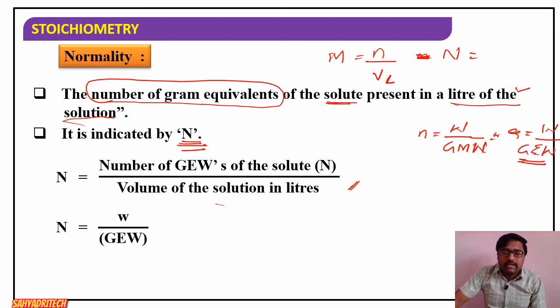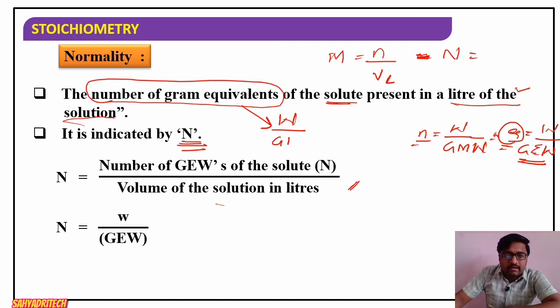Just like the number of moles, the number of gram equivalents is given by weight divided by gram equivalent weight. So remember this. Into 1000 divided by V mL, where V mL means the volume of solution in milliliter.